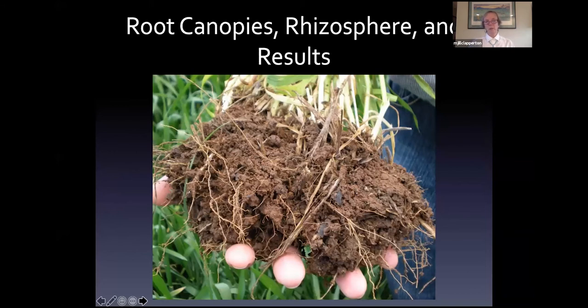So now we're going to talk about root canopies, rhizosphere, and results. This is an example. I know that Christine Jones and a number of people talk about the dreadlocks, like seeing a really thick rhizosphere around the roots. You don't always see that. Sometimes in wetter soils, you won't see it.